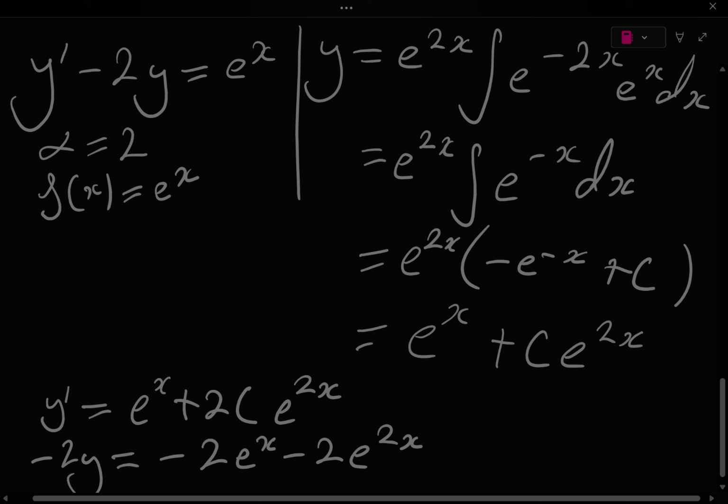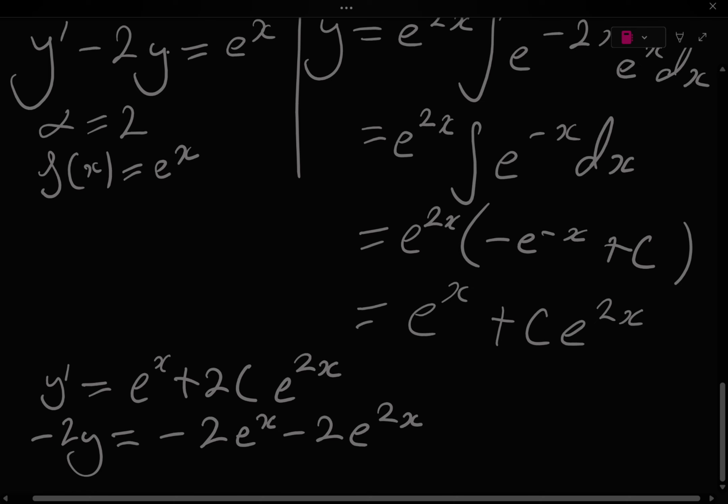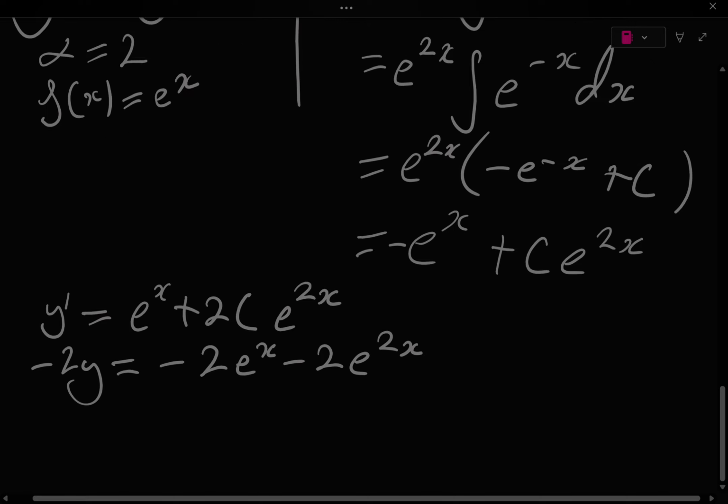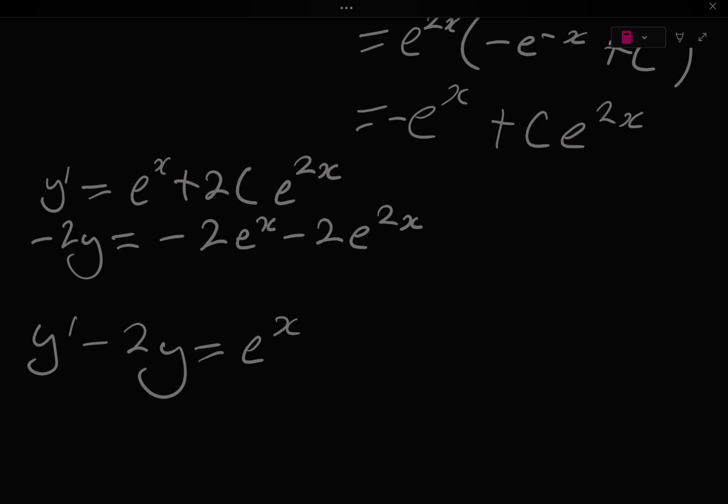And adding these gives us y prime minus 2y equals e to the x, exactly as we wanted. And so this is the first way of solving this differential equation. Done.